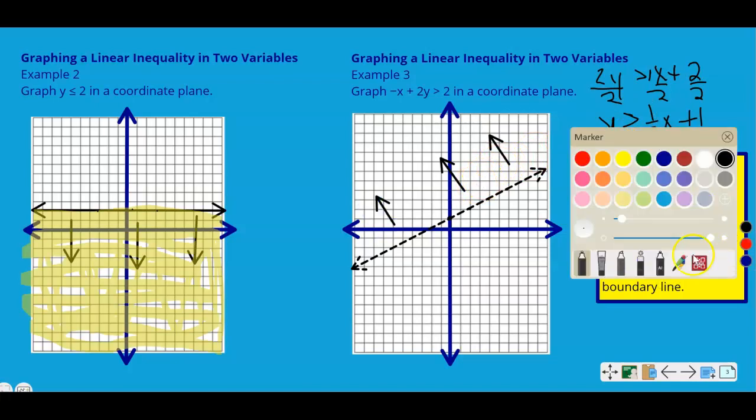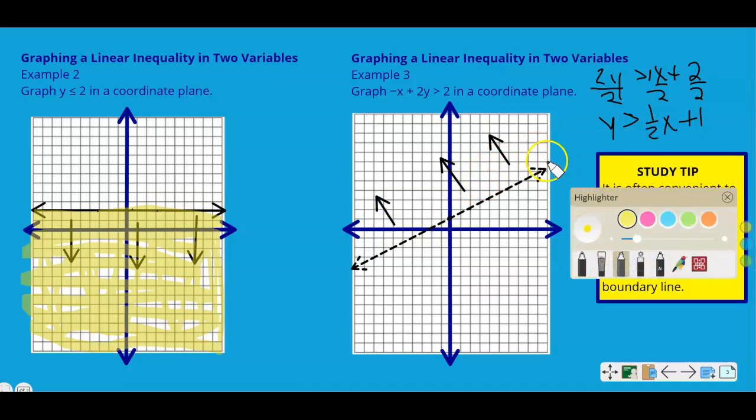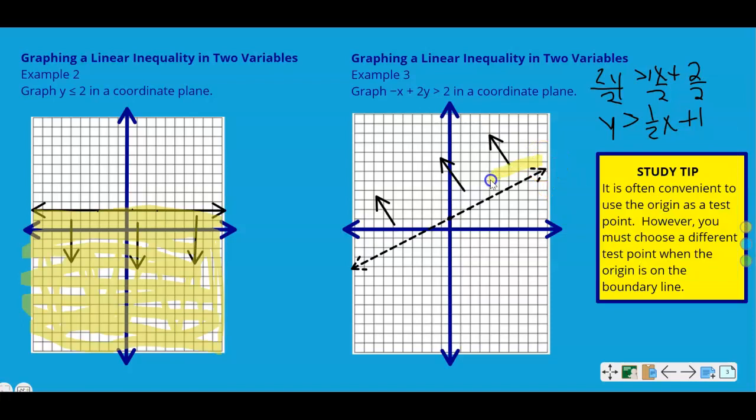So again, I can use my highlighter and I'm going to use everything above the line. This time the points on the boundary line are not included. That's why it's a dotted line. So the points on the boundary line are not part of the solution. Everything else above the line would be part of the solution set for this inequality.